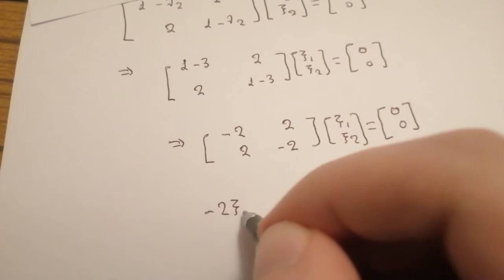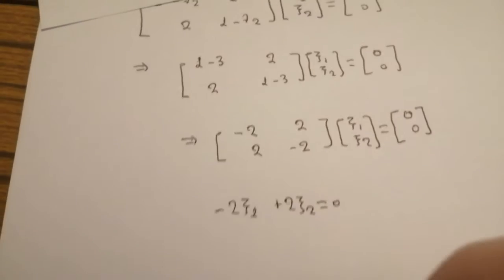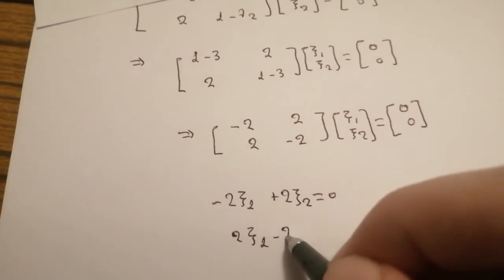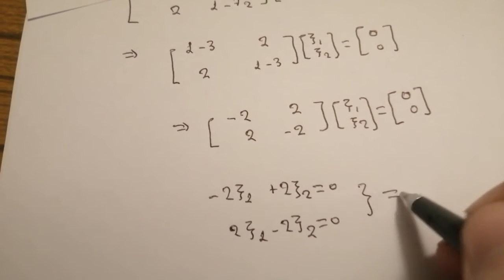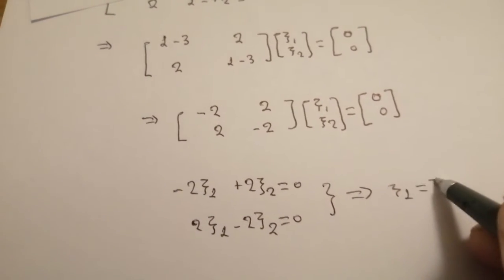We obtain that minus 2 xi 1 plus 2 xi 2 is equal to 0, and 2 xi 1 minus 2 xi 2 is equal to 0. From here we just obtain that xi 1 is equal to xi 2.